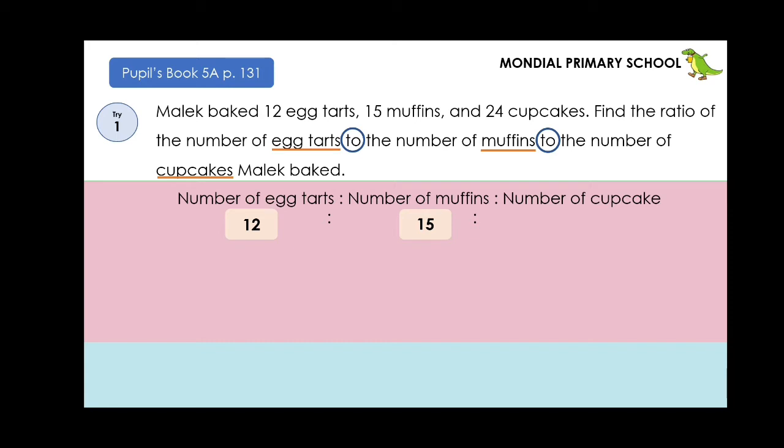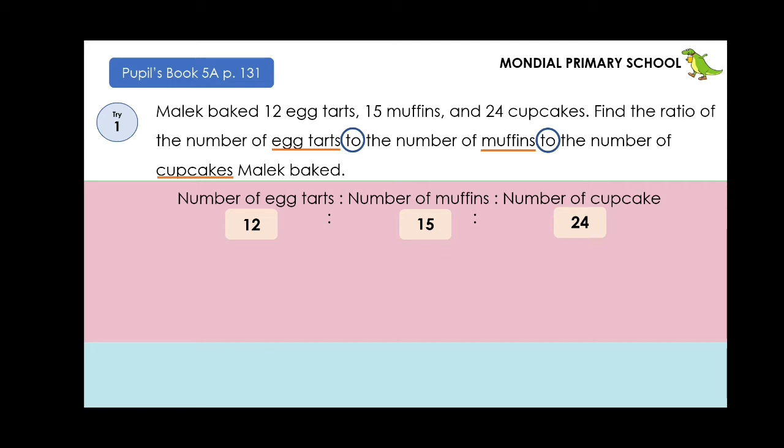Write the quantity of the cupcakes, which is 24. The number of egg tarts to the number of muffins to the number of cupcakes equals 12 to 15 to 24.